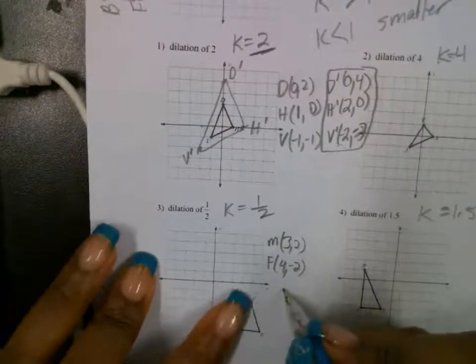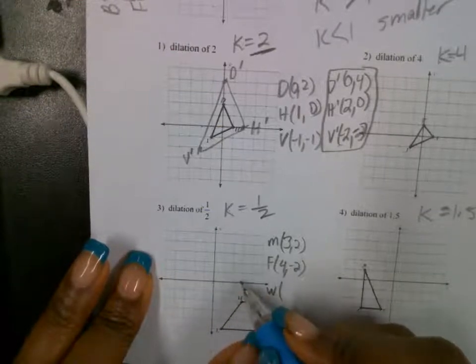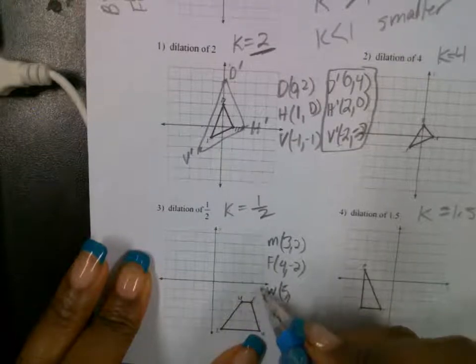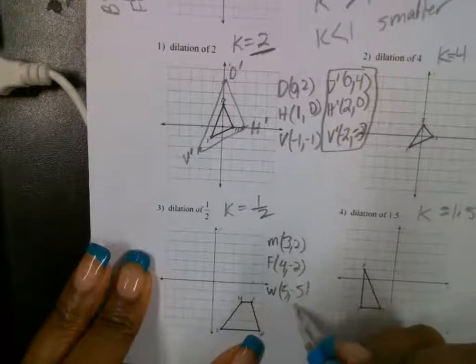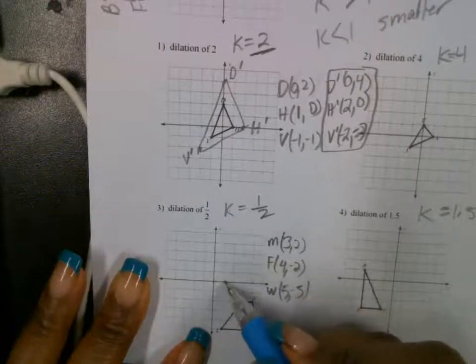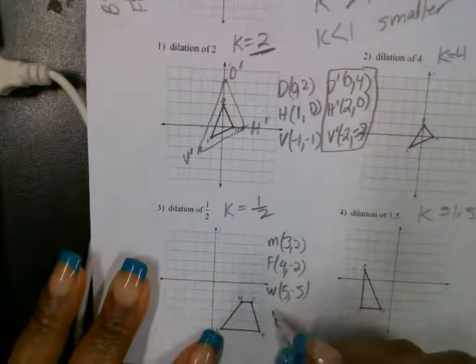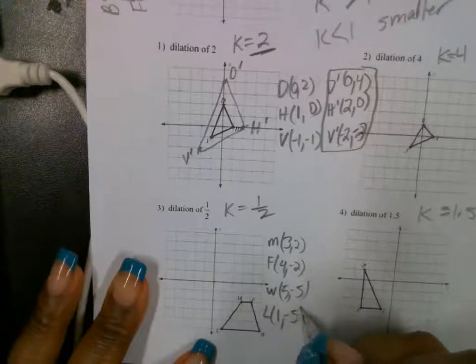W: positive 1, 2, 3, 4, 5, and negative 1, 2, 3, 4, 5. And then L: positive 1, down 1, 2, 3, 4, 5. So L is positive 1, negative 5.